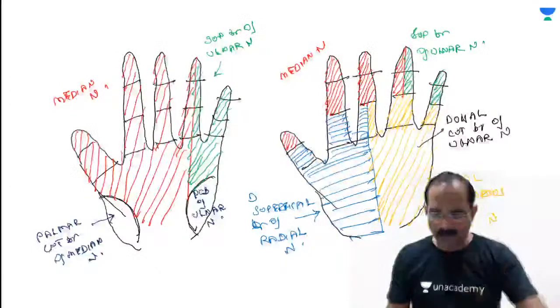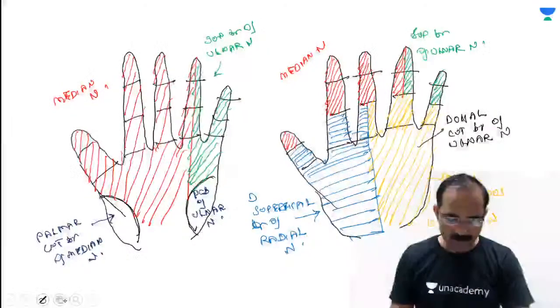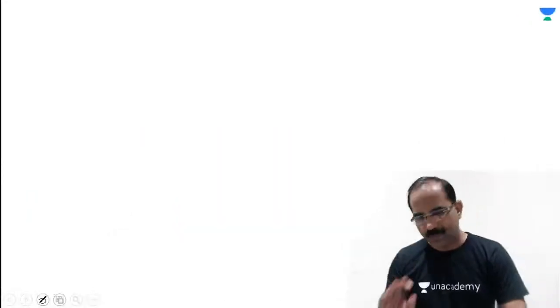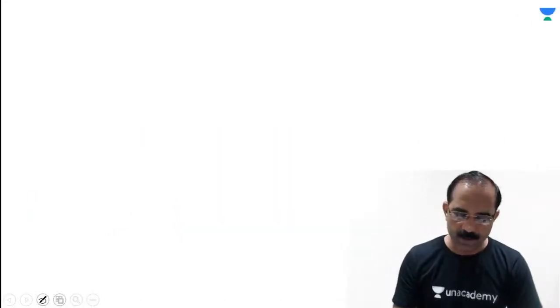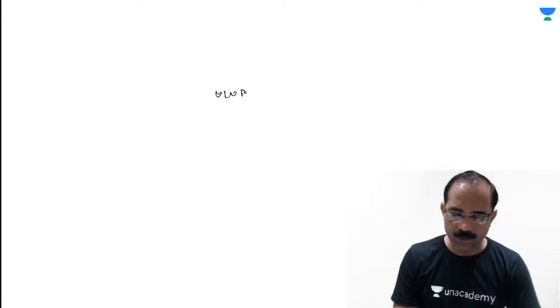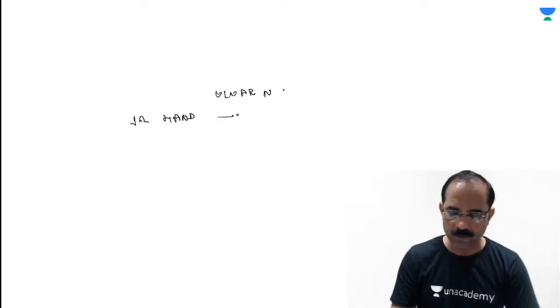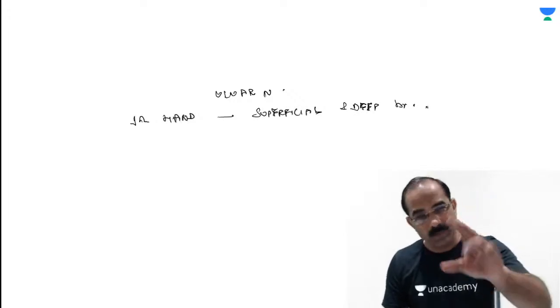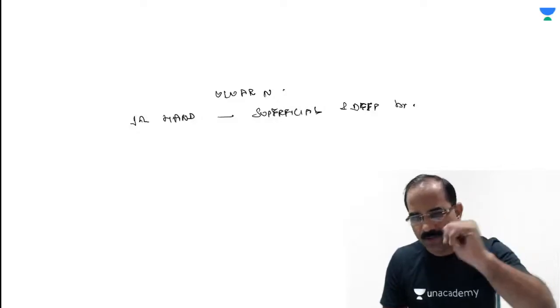Okay. Now I'll just tell you something about these nerves. If you're done, you tell me. Understand this. Ulnar nerve. ये जो ulnar nerve है ना, in the hand gives superficial and deep branch. ये MCQs ऐसे आते हैं, देखो, just try to be clear with your concepts.